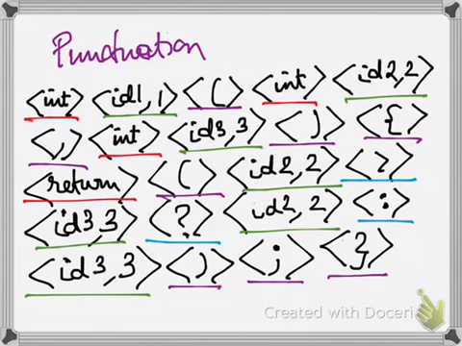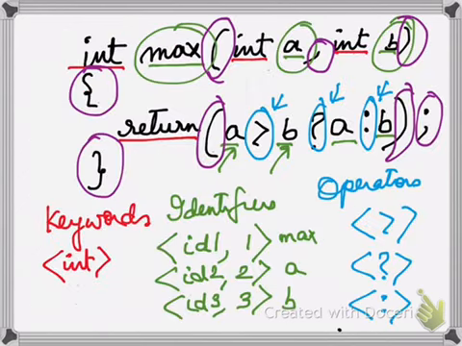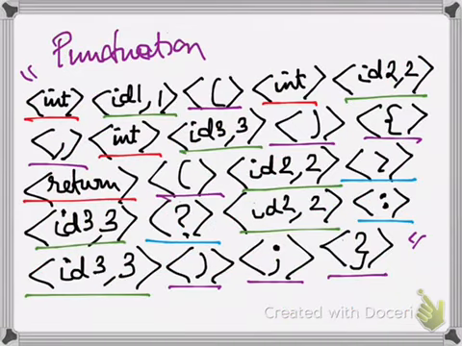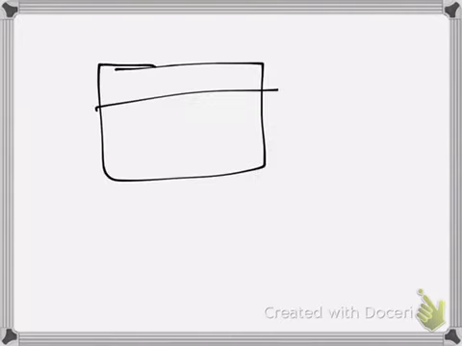So you can see each of these tokens. This is the sequence of tokens which will be returned by the lexical analyzer given this code. And what will we have in our symbol table? We will have 3 entries: ID 1, ID 2, ID 3.